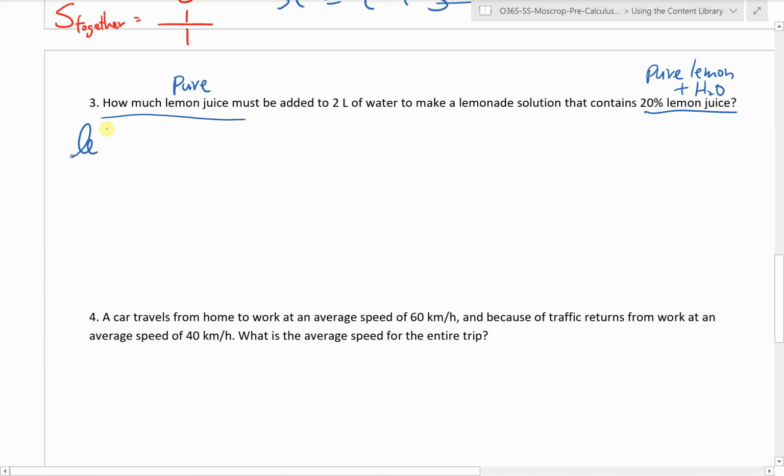Okay, so let x be the amount. You should always write down your let statement. Let x be the amount of lemon juice added. Then to figure out this concentration, we want 20%.